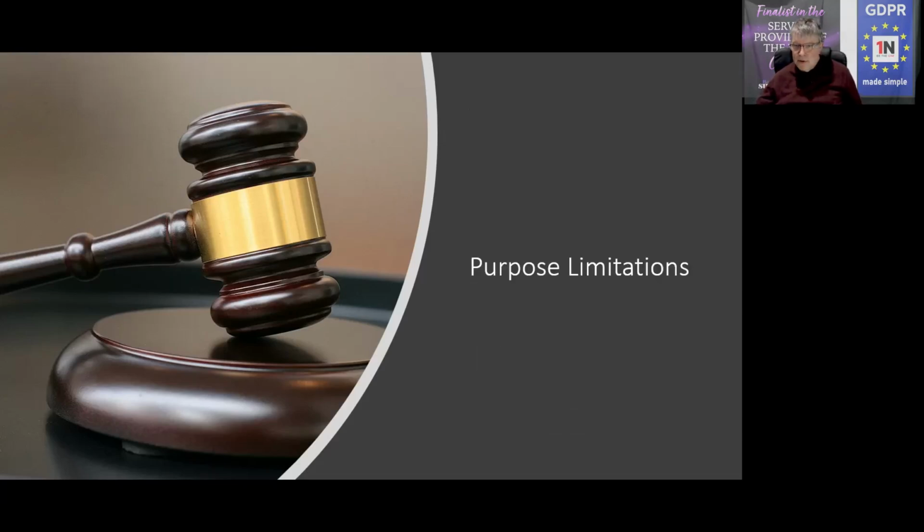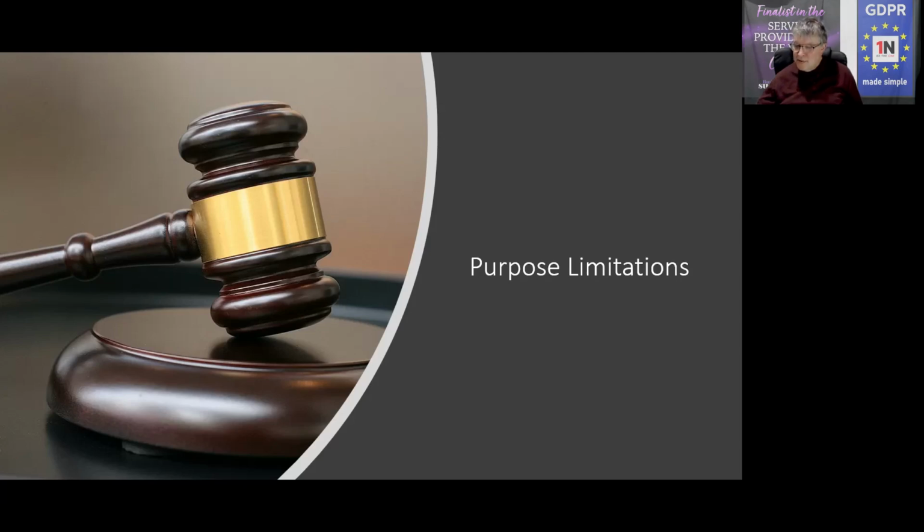Okay, so you also have to think now about purpose limitation. What does that mean? It means that you can only use the data for purposes that you've defined that you're going to use the data for. So if you said that we're only going to use that data for marketing, you can't suddenly use it for something else.